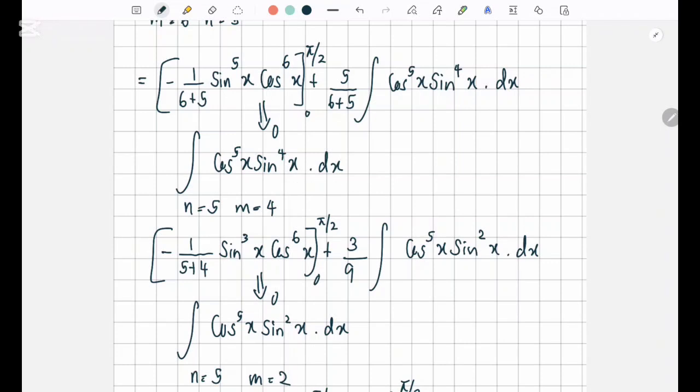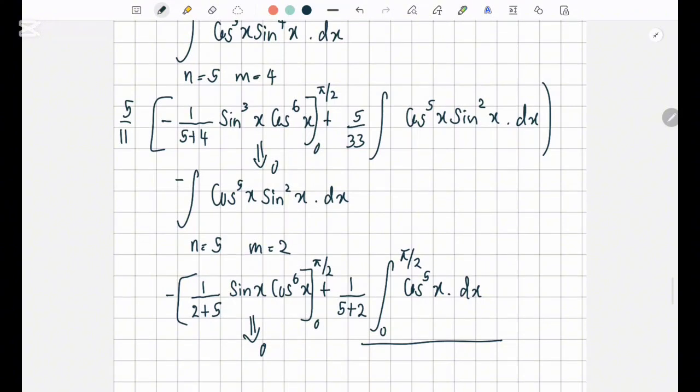When we take that in, we had 5 over 11 in front, right? So meaning we have to multiply all these terms by 5 over 11. So it's gonna be 3 over 9 into 5 over 11. So if you expand the brackets, it's 5 over 11 into 1 over 3. So that's 5 over 33.